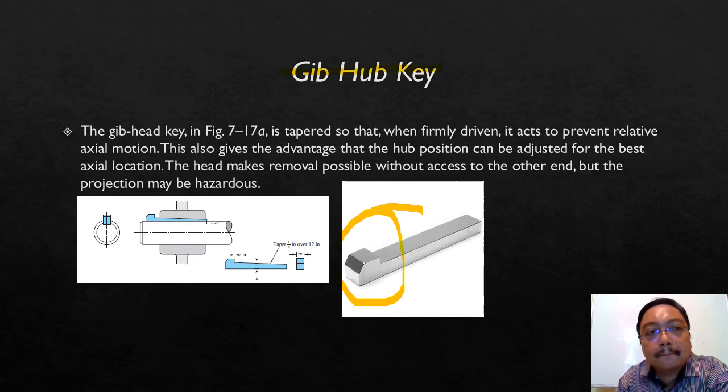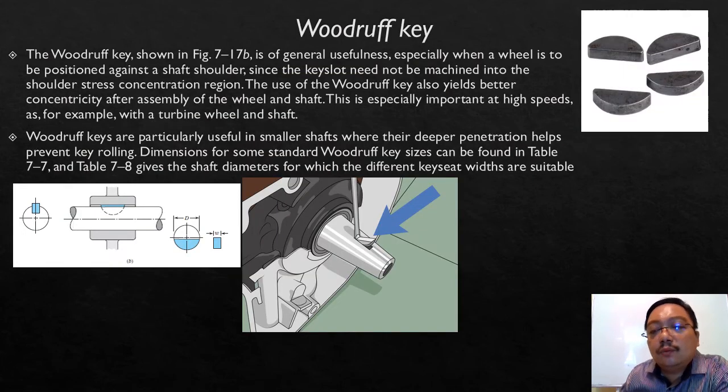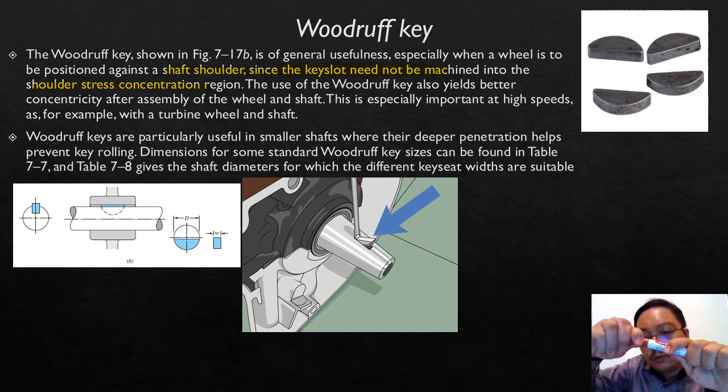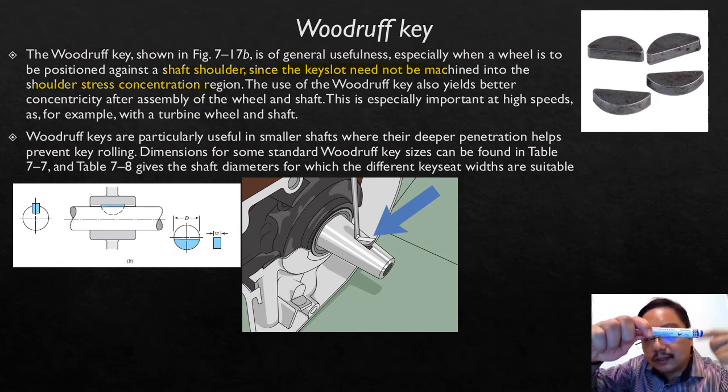Okay, and the last one is called the Woodruff key. It is generally used when a wheel is to be positioned against a sharp shoulder, since the key slot cannot be machined into the shoulder stress concentration region. For that type of key, you don't want it to accidentally rotate.